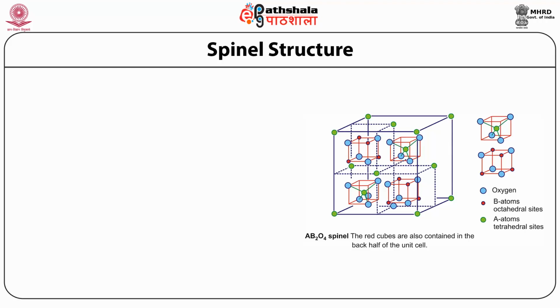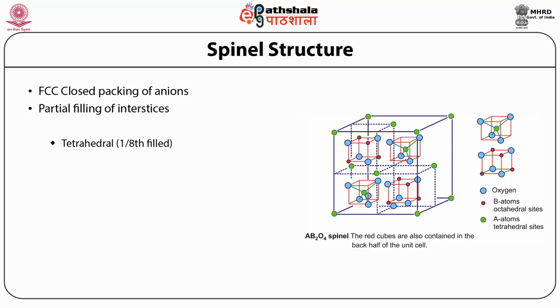It is an FCC structure with packing of ions. The partial occupancy of both tetrahedral and octahedral sites, that is 1/8 of tetrahedral and 1/2 of the octahedral sites, are occupied.